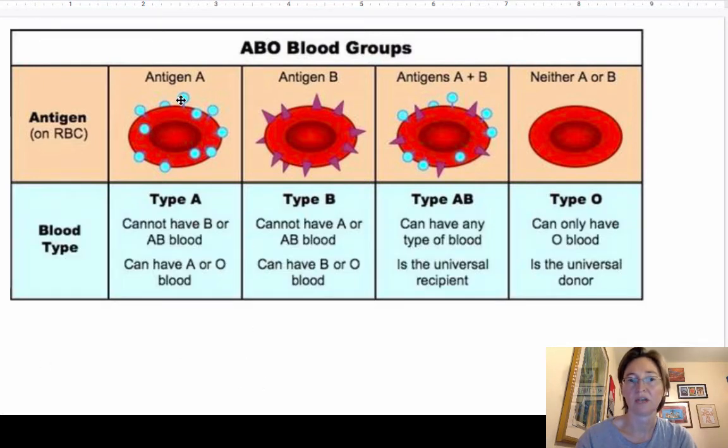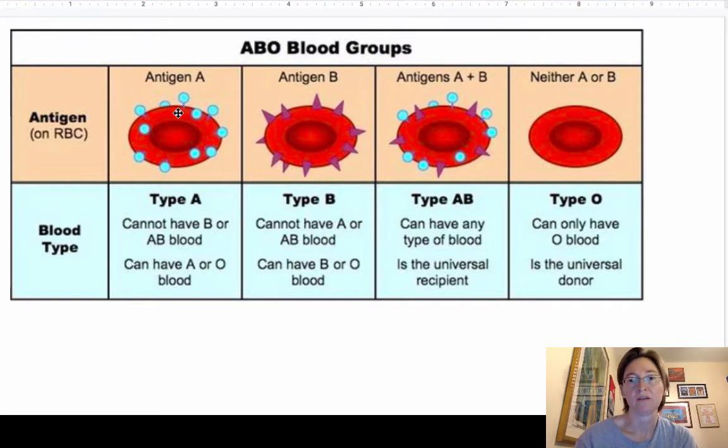So for example, if you're type A, and you get blood from someone with type B or AB, then your immune system's going to say, whoa, we just like the blue round things. What's this purple triangle thing? It's a foreign invader. We need to mount an immune response. And since it's pervasive throughout your body, if it's a blood transfusion, it's everywhere, you die.